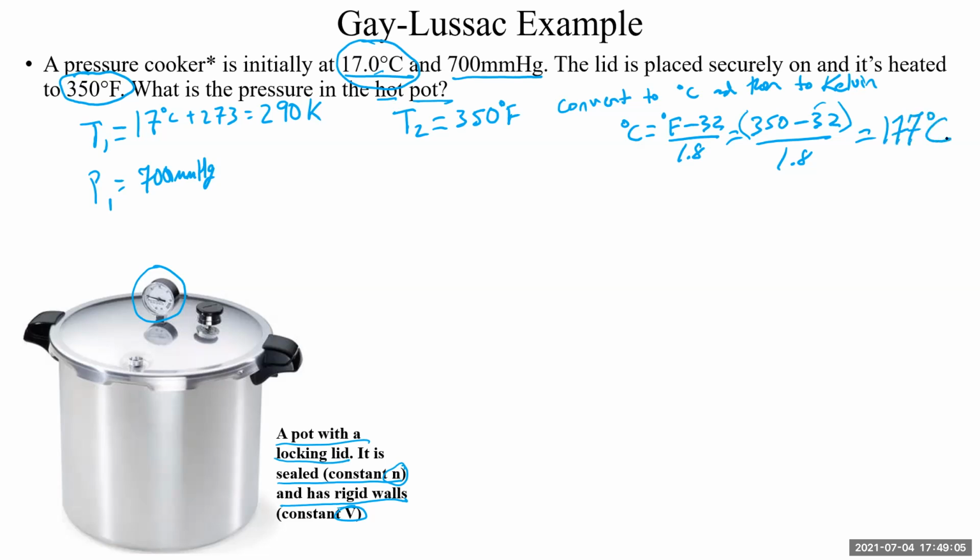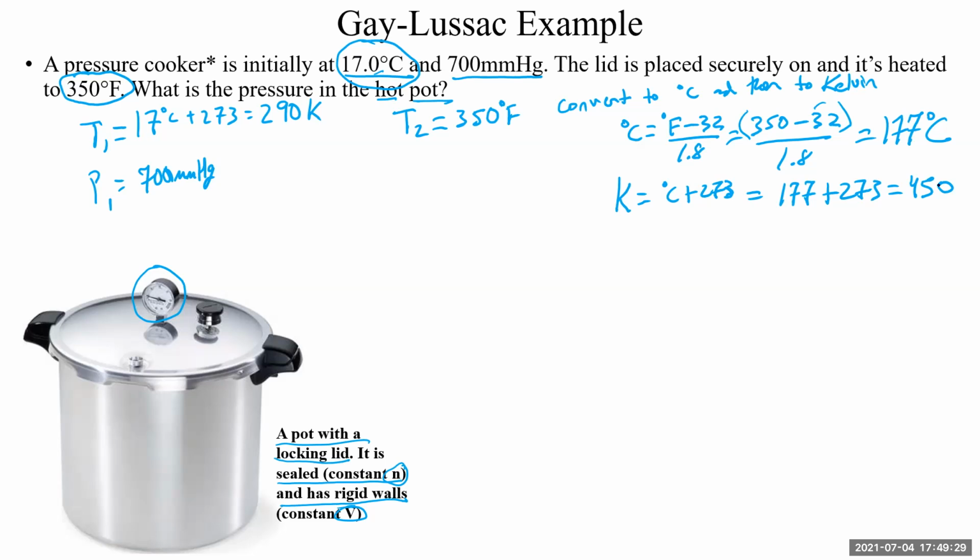177 degrees Celsius. I want kelvins, so kelvins is going to equal Celsius plus 273. So that's going to equal 177 plus 273. That's going to equal 450 degrees. Is that what it is? 177 plus 273.